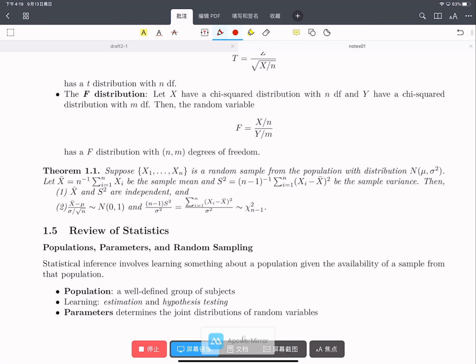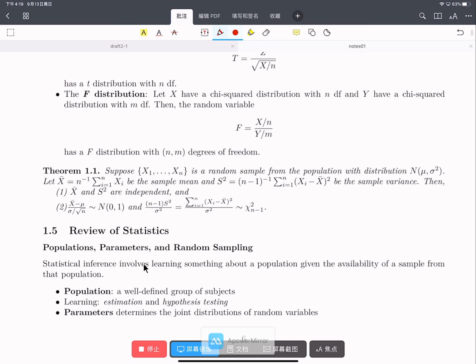Now we proceed to the review of statistics. Before, when we talked about probability theory and its studies, the random variable and the properties of a random variable, we knew the parameters of its distribution. But for statistics, the question studied here is a bit different.